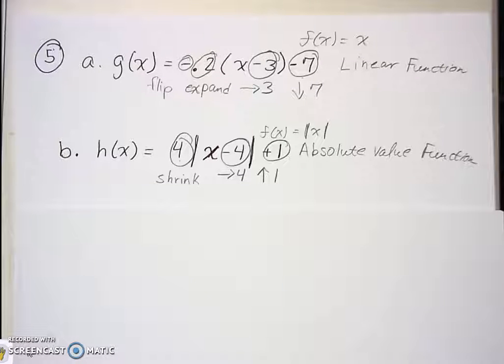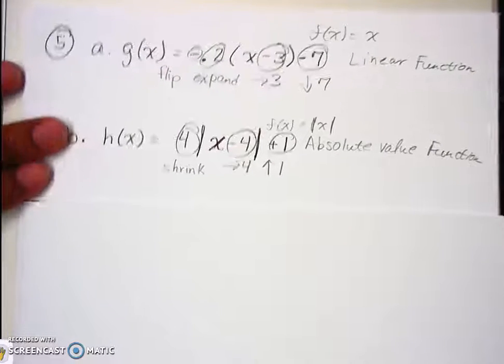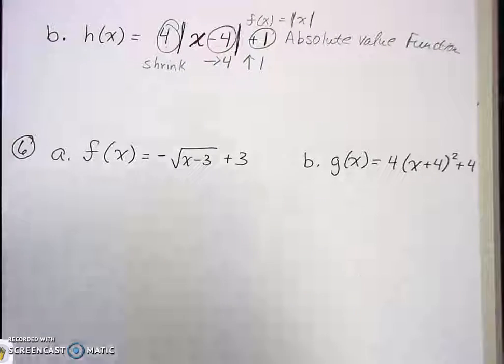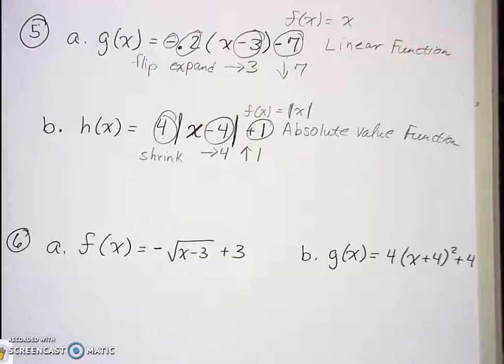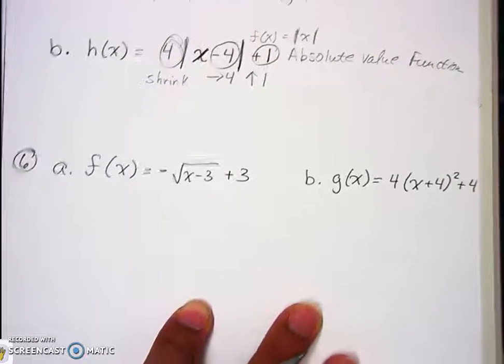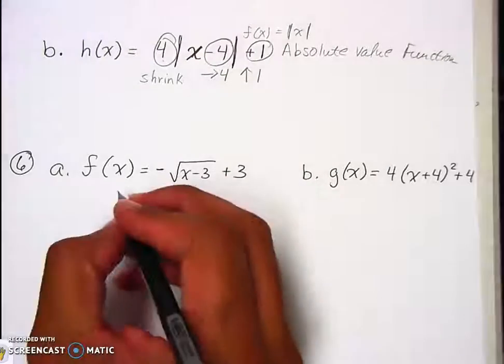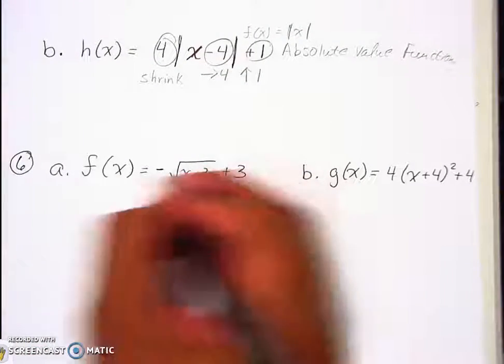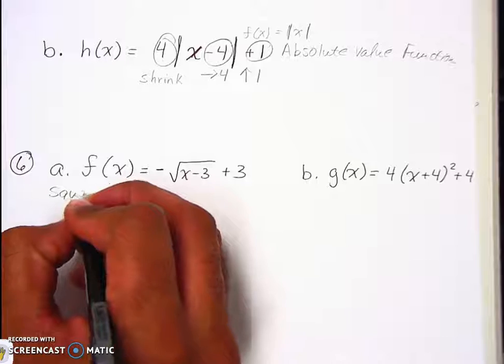Bam. Now for example 6 though. Example 6 tells us, okay, now graph this transform function. So we take what's going on here and we just graph it out. And it helps if you do this part first so we can be able to graph it out correctly. So first off, we know this is a square root right here. So we're talking about a square root function.